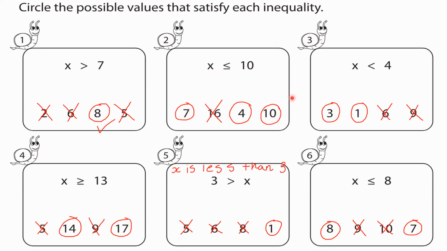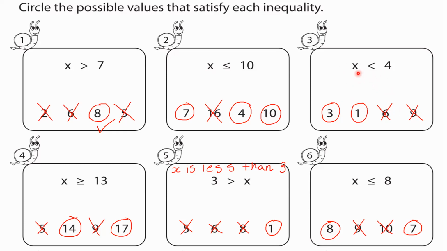Nakari Roberts. Do you understand how we're getting these answers, or do you need me to explain it again? I'm learning as you go. x is less than 4. Explain this one for me. Why did we only choose 3 and 1? x is less than 4.